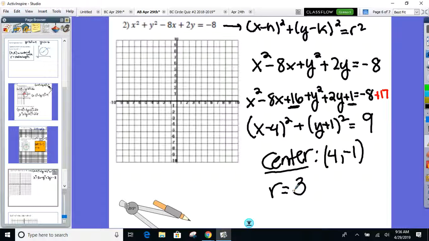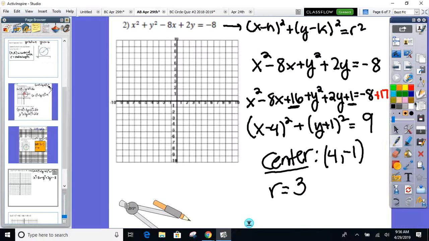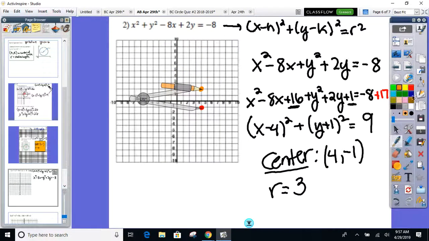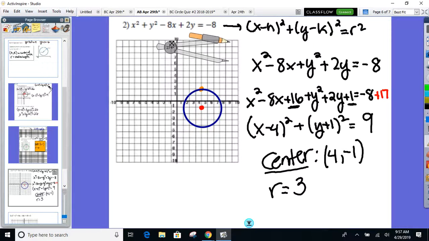Construct it. Make sure your compass point goes on the center and the pencil goes on the point on the circle.